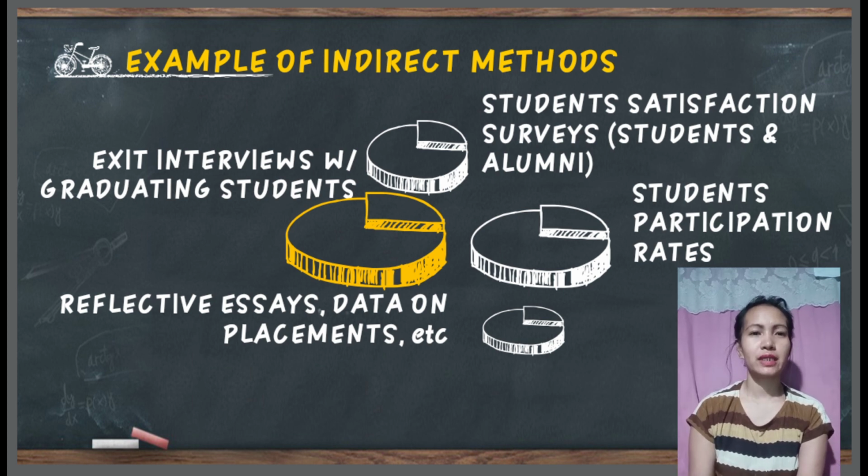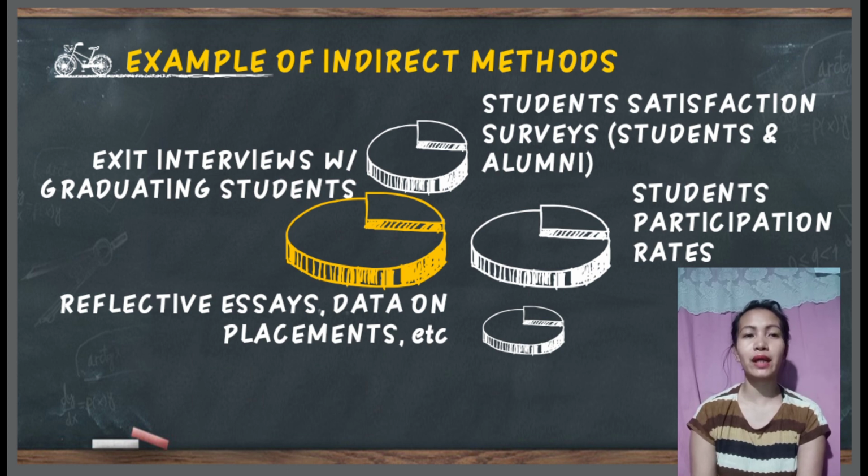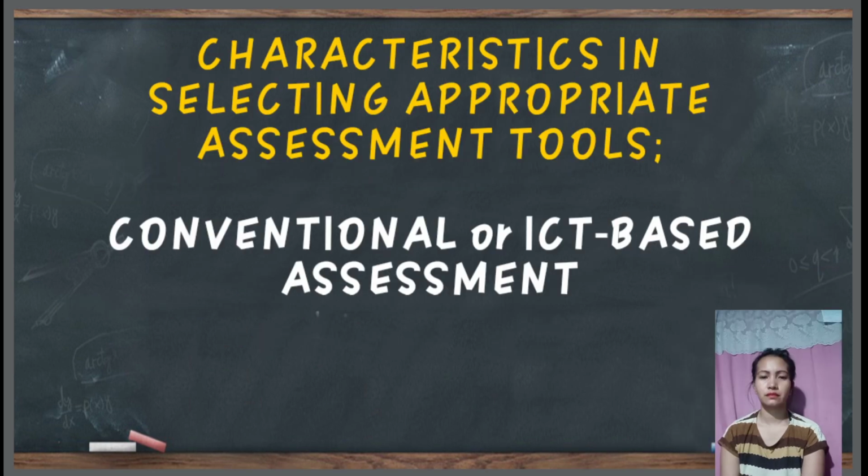It measures information quickly but does not provide real evidence of student learning. Example po is yung student satisfaction survey, mga surveys of student alumni, exit interviews with graduating students, tapos mga student participation rates, reflective essays, data and placement, and etc.